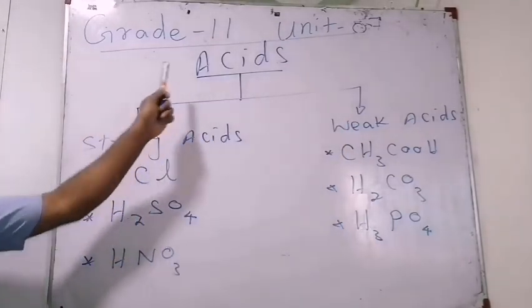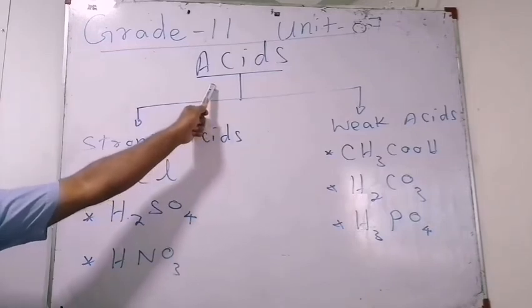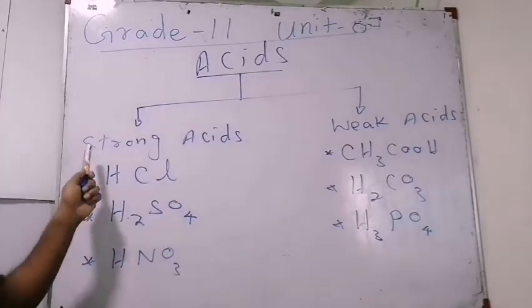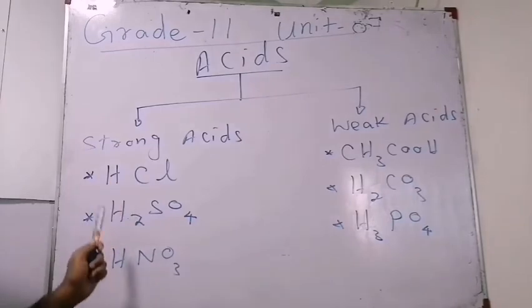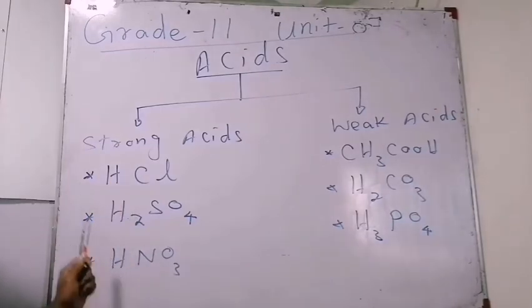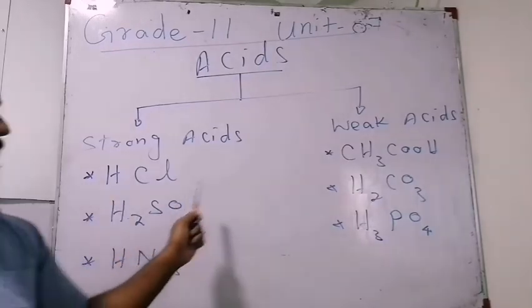You know, what are acids? Acids are the substances which release H+ ions in an aqueous medium. But here, strong acids are produced by the complete ionization of components in an aqueous solution.